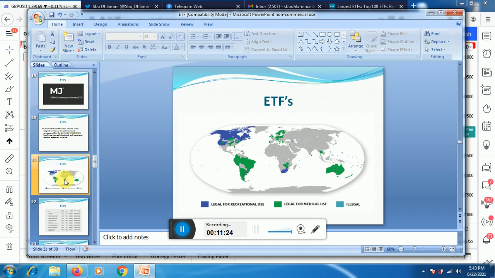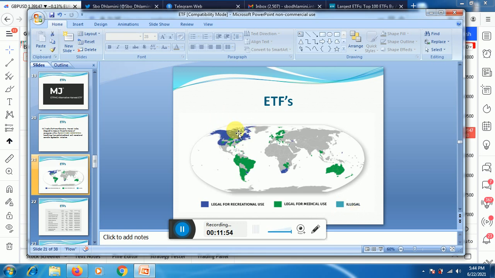So the following map here that we're going to see is this here. The blue areas on the map are where cannabis is legalized for recreational use, and the green areas are where cannabis is legalized for medical use, and then the light blue areas are where cannabis is not regulated as yet around the world.